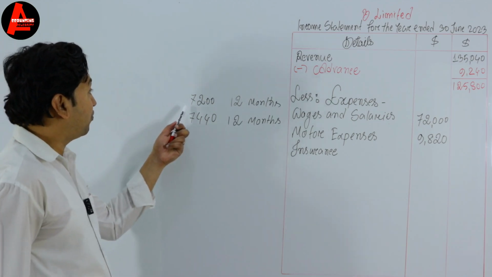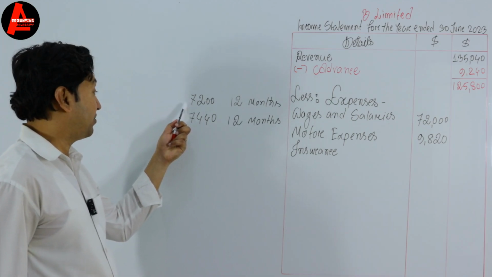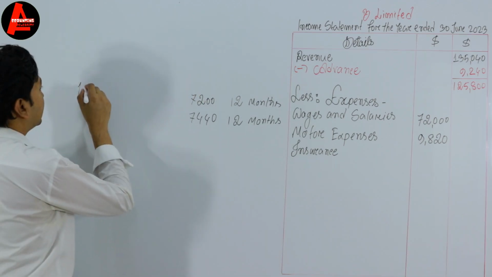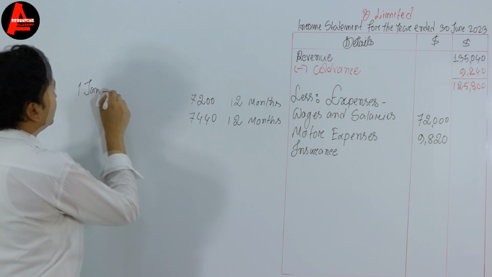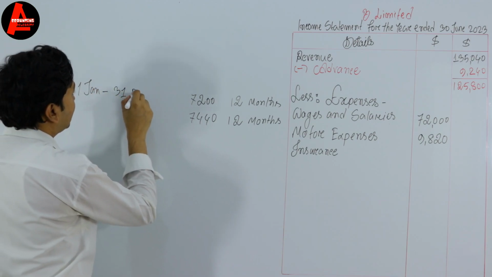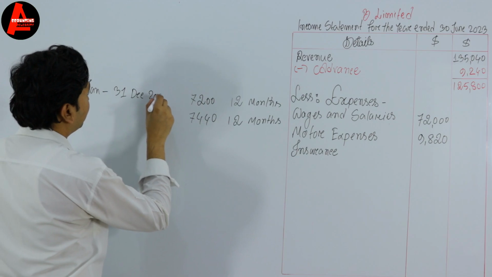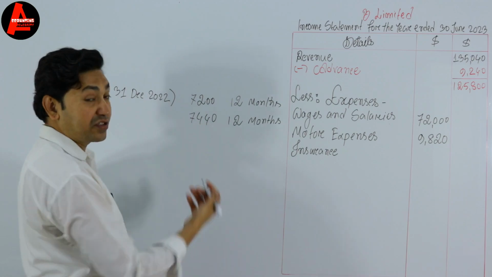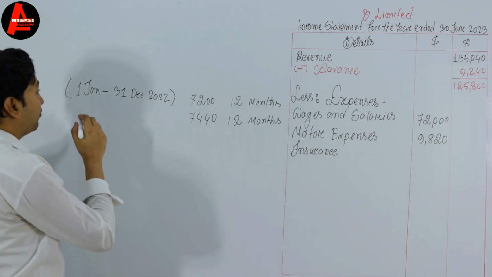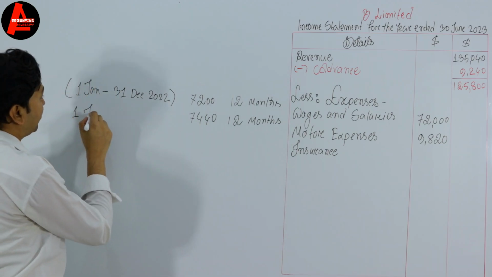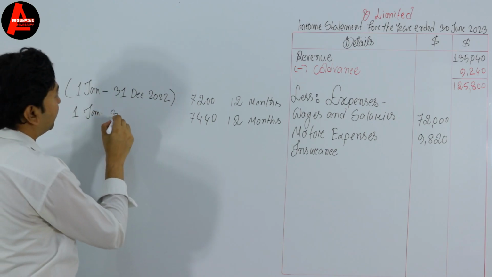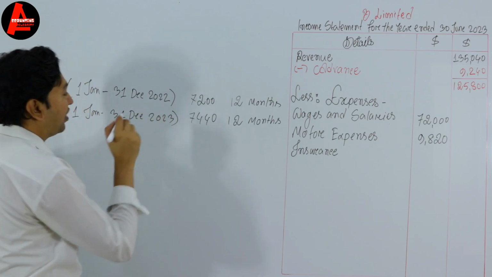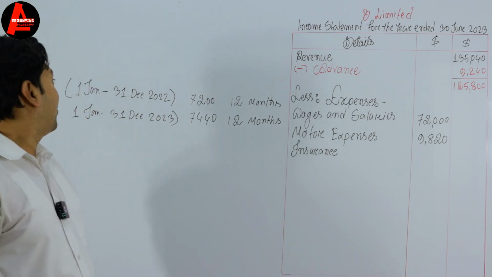From which date to which date did we pay this money? The $7,200 covers 1st January to 31st December 2022, and the $7,440 covers 1st January to 31st December 2023. So now what to do?